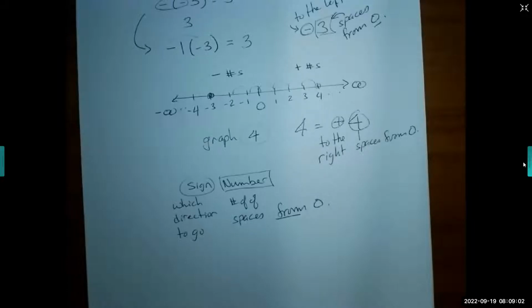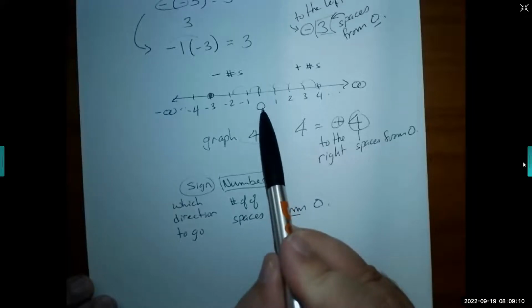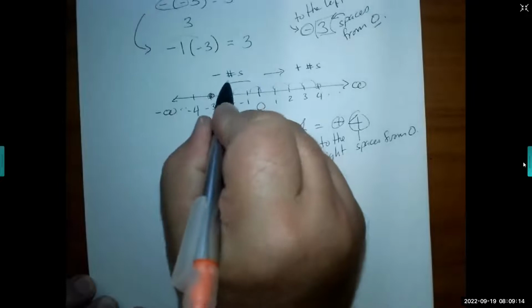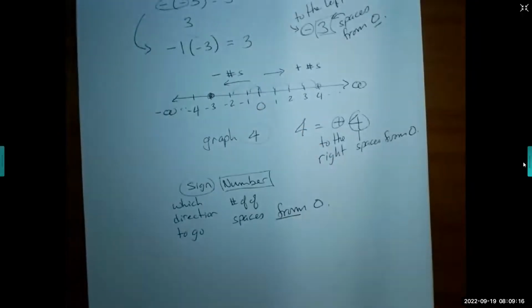Zero is a starting point. It's nothing. That's where all numbers begin, because it's neither positive nor negative. That's where everything begins. If it's positive, it goes to the right. If it's negative, it goes to the left. And as you said earlier, you're absolutely correct.